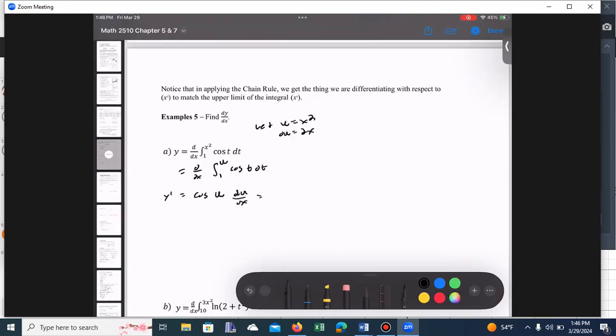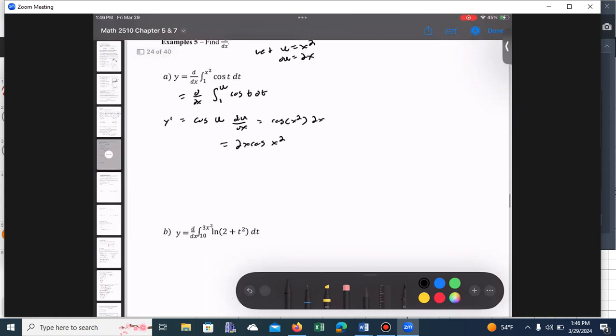So you'll have cosine of x squared, and then du/dx is your 2x. And so it'll be 2x cosine of x squared. All right.